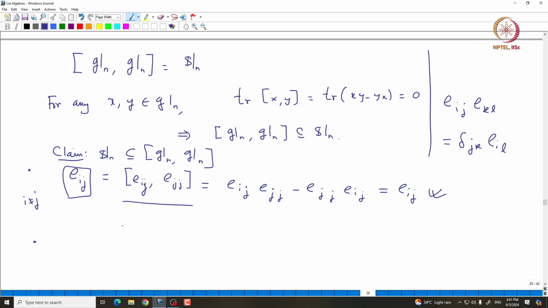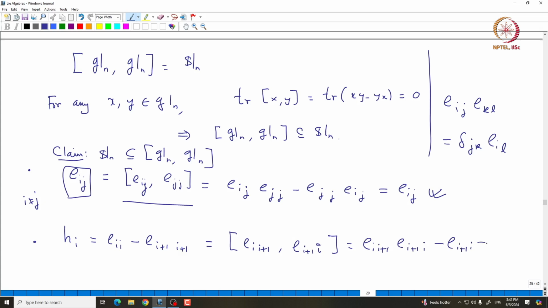So, now if we take the other type, which is Hi, which is nothing but Eii minus Ei plus 1 i plus 1, then it is easy to see that this is going to be the bracket of Ei i plus 1 and Ei plus 1 i. So, this is going to be Ei i plus 1 times Ei plus 1 i minus Ei plus 1 i times Ei i plus 1, which is exactly equal to Eii minus Ei plus 1 i plus 1.